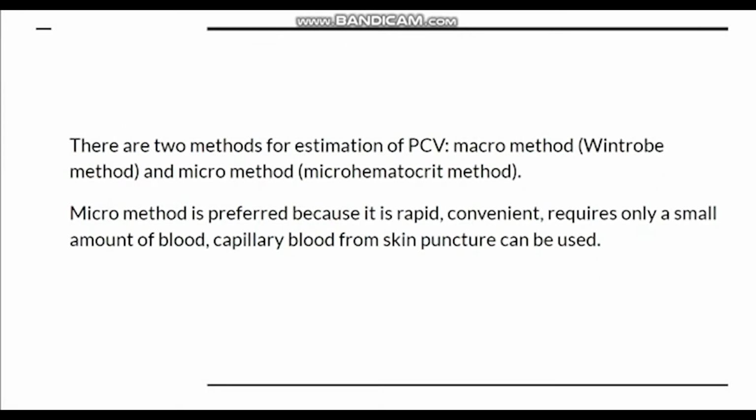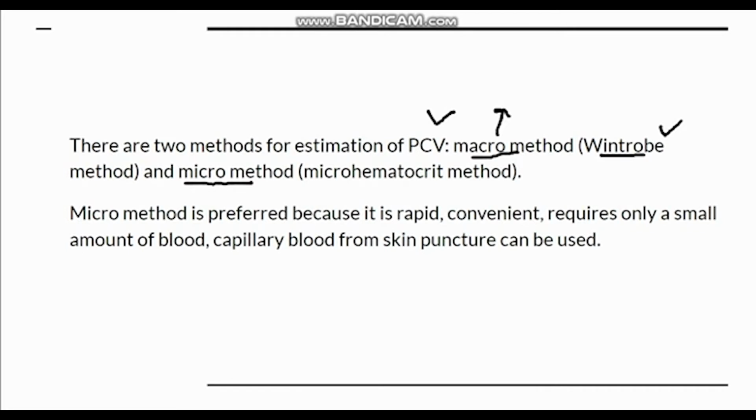Now there are two methods by which we can estimate hematocrit: a macro method and a micro method. The macro method requires more blood, so it is known as the macro method. It uses the Wintrobe's tube, which is also used for estimation of the ESR. So if we have a patient in whom we need both ESR and PCV, we can use the Wintrobe's method.